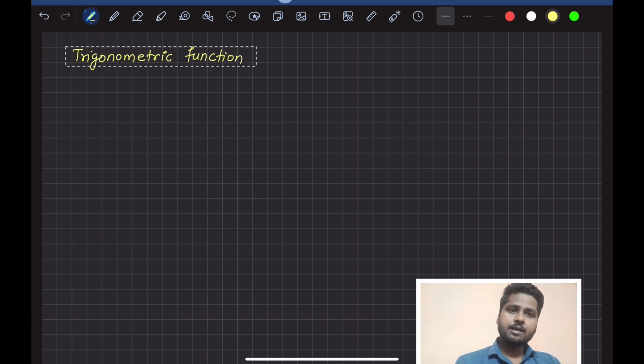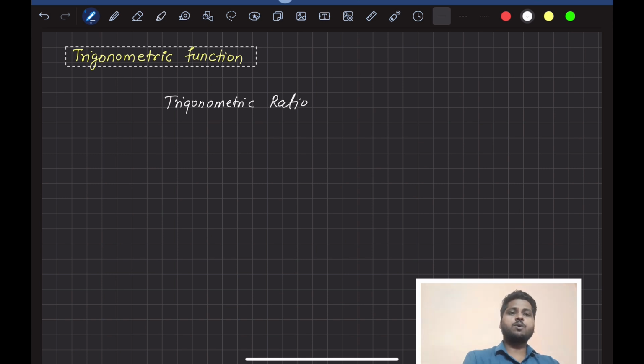First of all, in class 10th students have already completed this part, trigonometric ratios. I hope everyone knows about the trigonometric ratios. So what are trigonometric ratios, students?